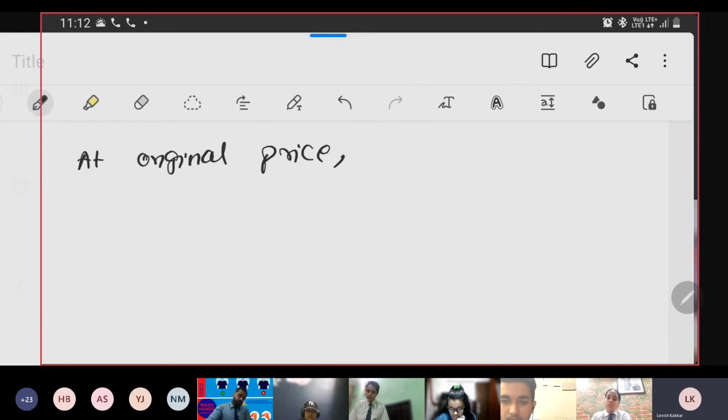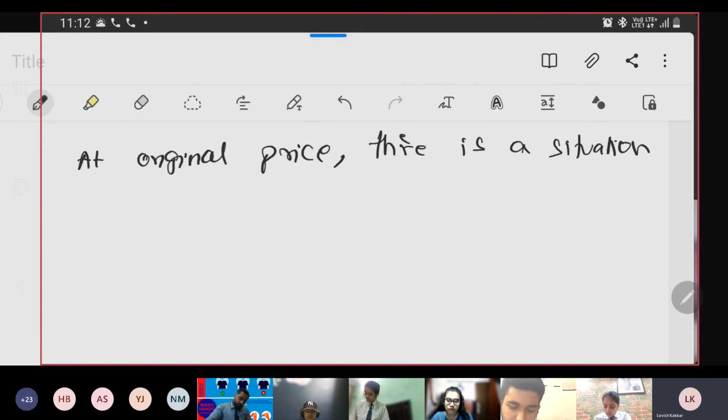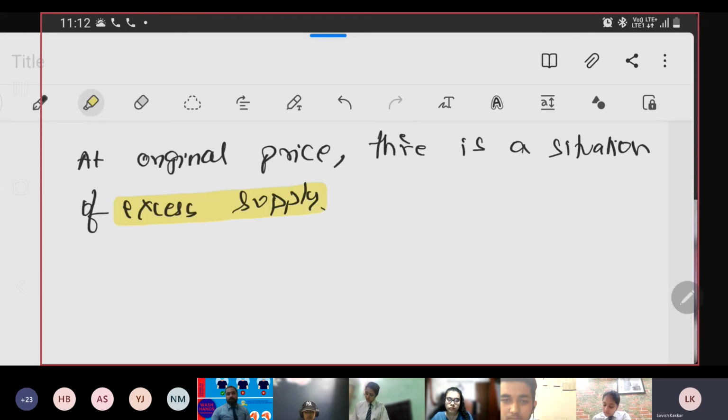Please contribute. Okay, at original price, there is a situation of excess supply. Once you identify this, half of your job is done. You will get 1 mark for just writing this excess supply. Now we know whenever there is excess supply, this would lead to competition among suppliers.